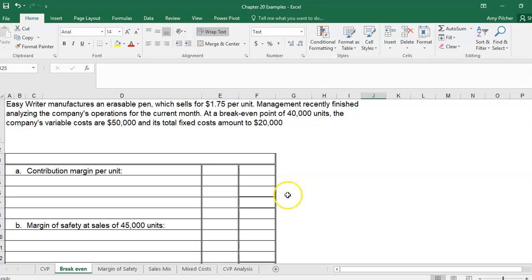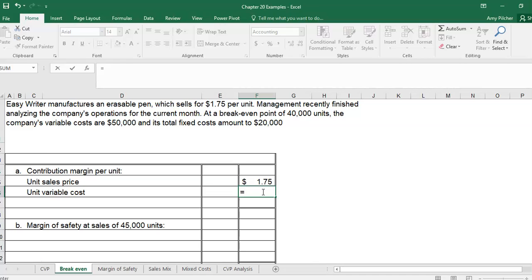So our first question says, what is our contribution margin per unit? Well, contribution margin is unit sales price minus unit variable cost. Our unit sales price is $1.75. That is given to us. Our unit variable cost we have to calculate. What it tells us is that we have total $50,000 in total variable costs at production of 40,000 units.